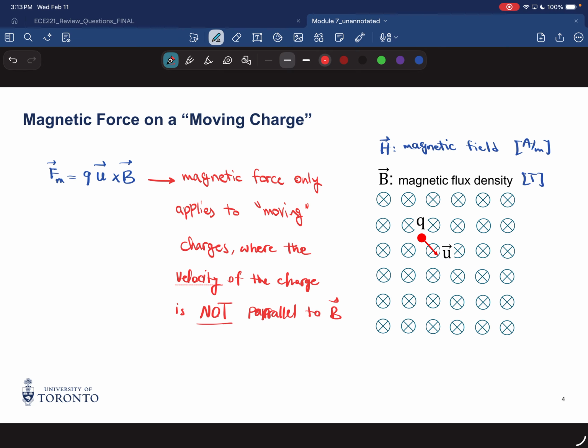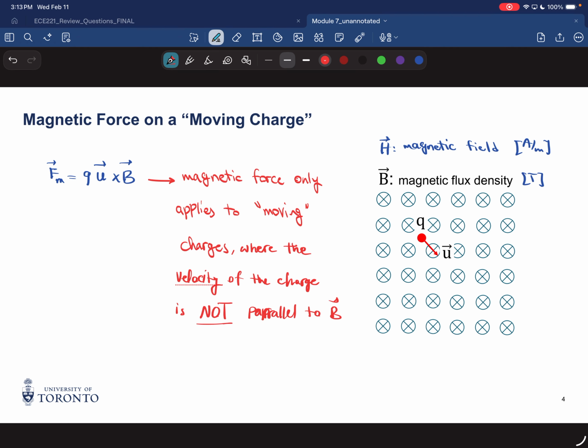Why? Because if U was parallel to B, then U cross B would be 0. So that's why we say that U cross B should be non-zero for the magnetic force to be applied.